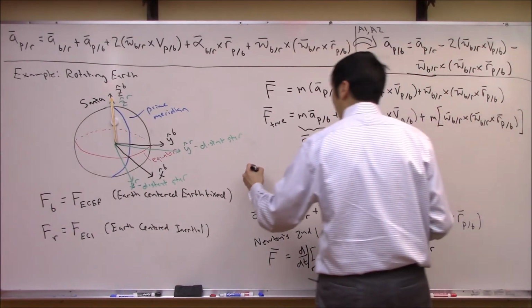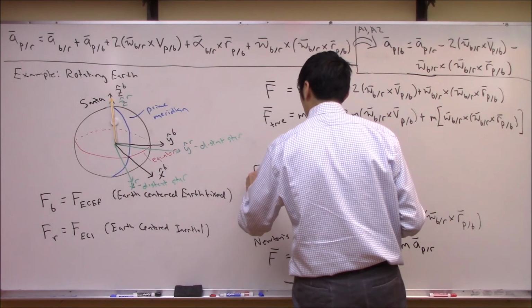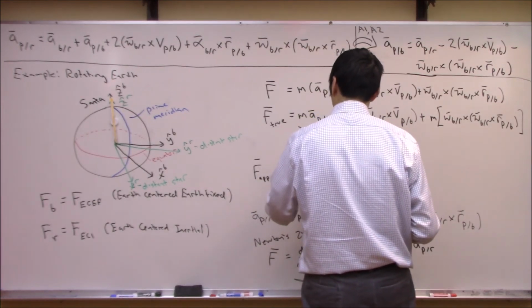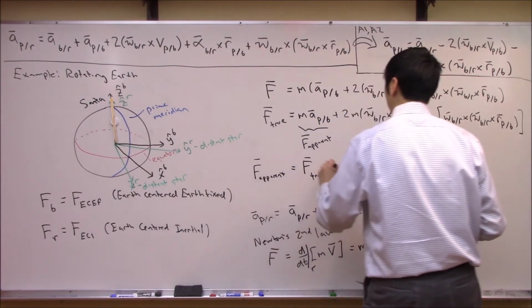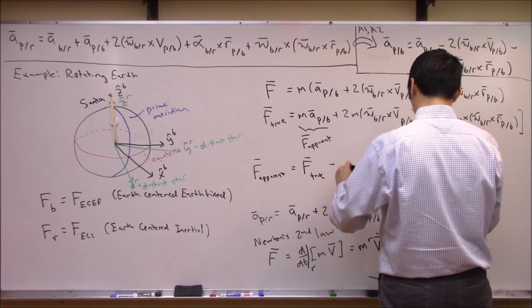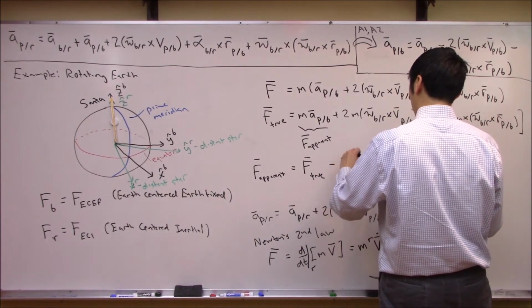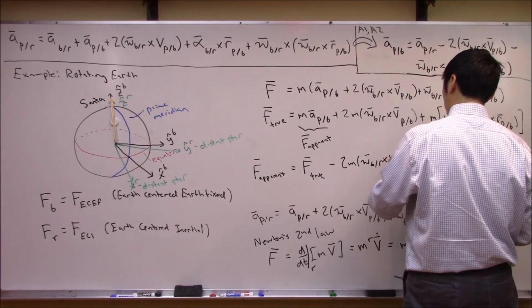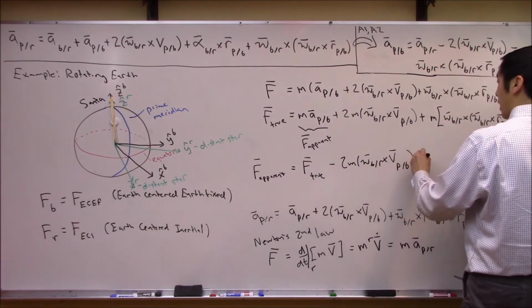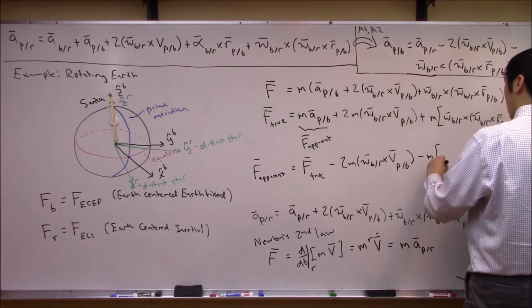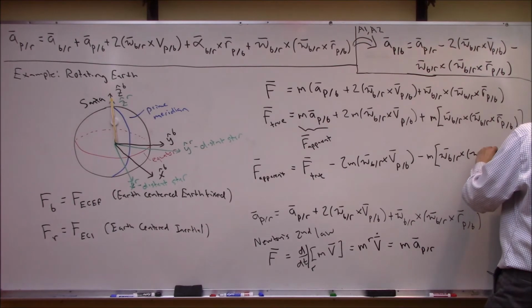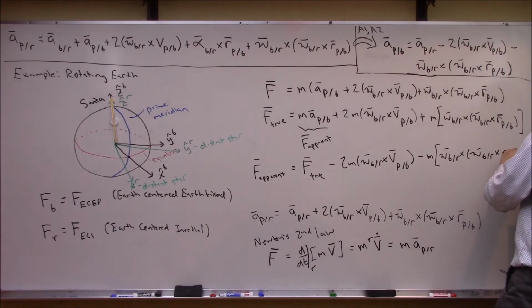So we can rewrite this as F apparent equals F true minus 2m omega B with respect to R crossed VP with respect to B, minus m times the quantity omega B with respect to R crossed omega B with respect to R crossed RP with respect to B.